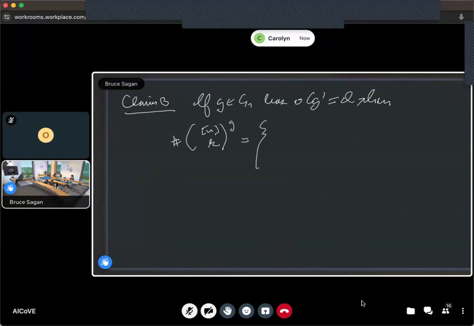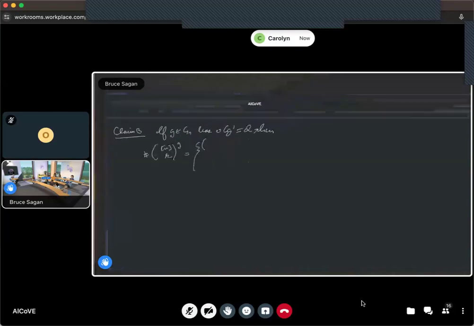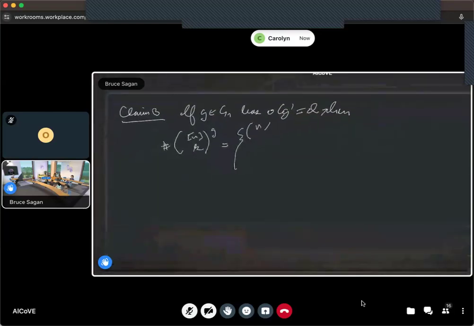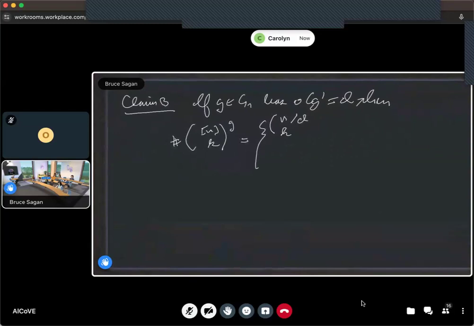It's either N over D choose K over D, and this is if D divides K, and it's 0 otherwise.